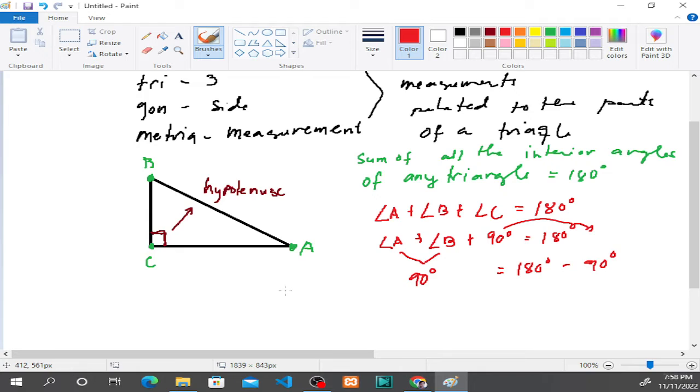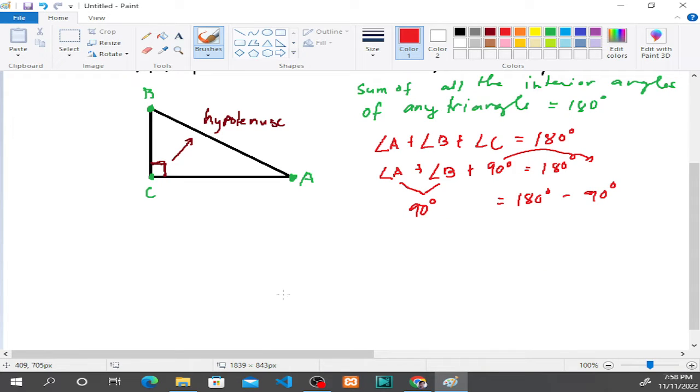Some other useful formulas about the triangle: let's calculate the perimeter. Opposite angle B is side B, for base. Opposite angle A is side A, which is my altitude, sometimes called height.